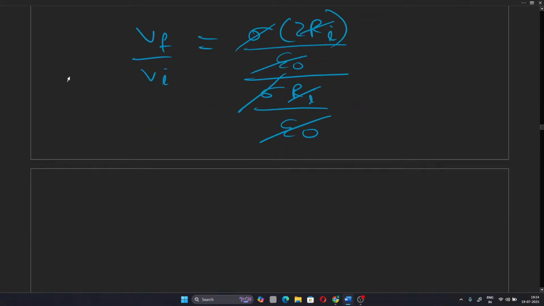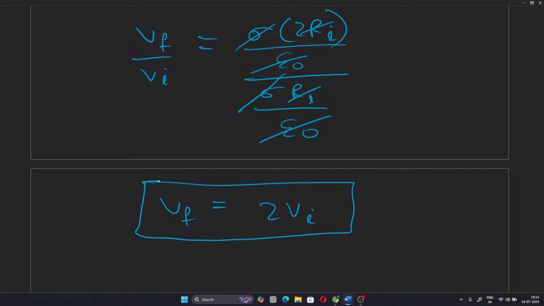So V final will finally equal 2 times V initial. So the potential is doubled.